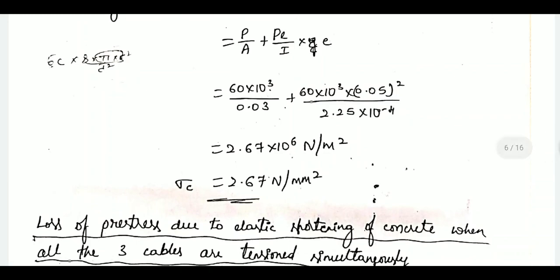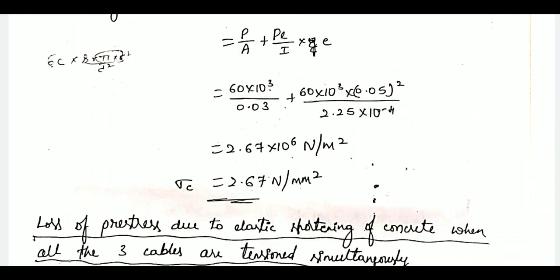Yes, now the next thing is very important. Loss of pre-stress due to elastic shortening of concrete when all 3 cables are tensioned simultaneously. So in the previous class I told, if the cables are tensioned simultaneously in the case of a post-tensioned beam, then the loss due to elastic shortening is 0.